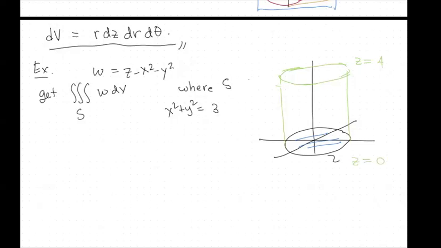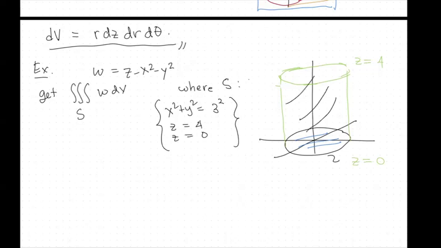And on the xy plane, it's bounded by this circle, x squared plus y squared is equal to 3 squared. So I describe your S here. So what we want is to get the integral of W dV, where S is given here.